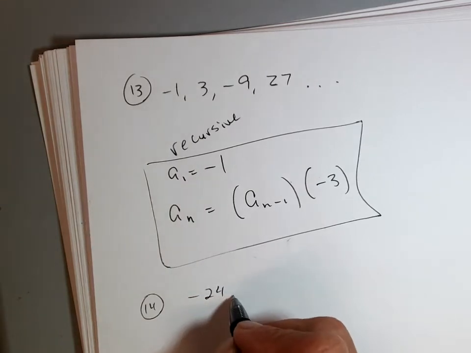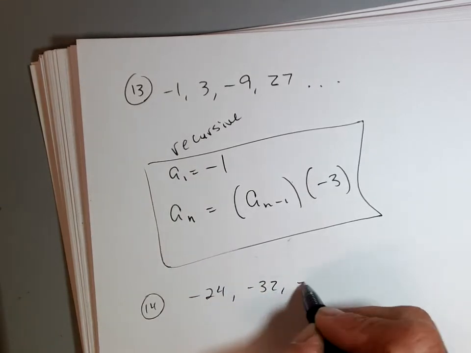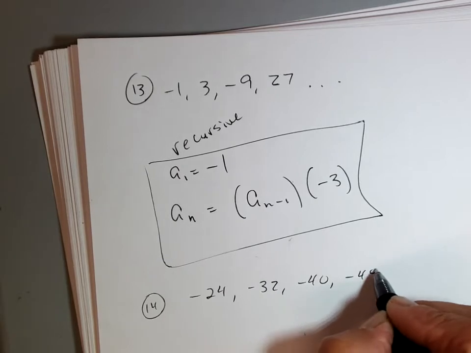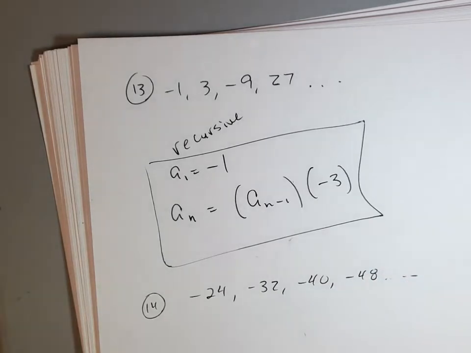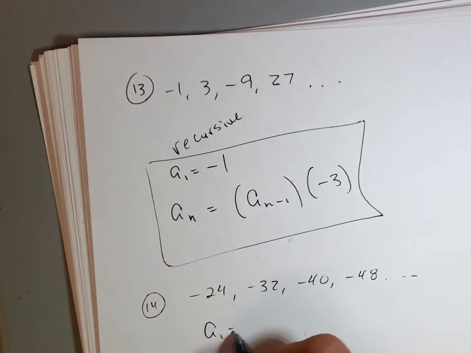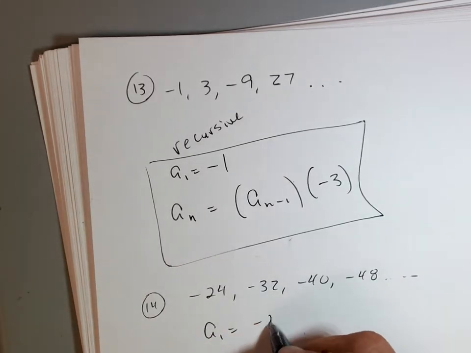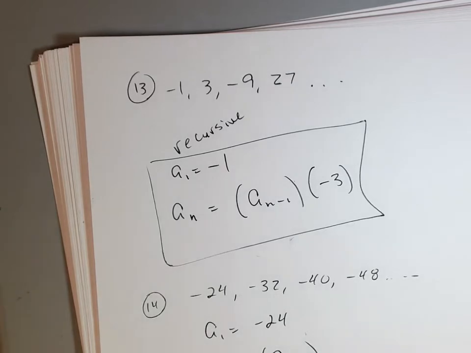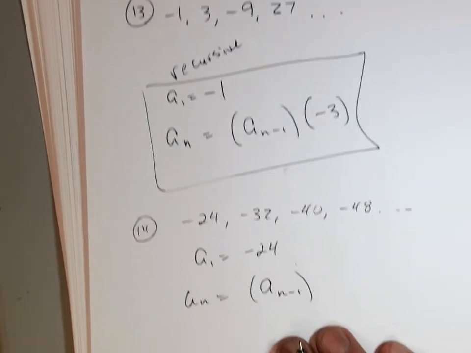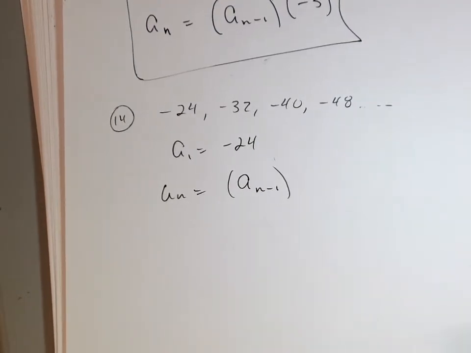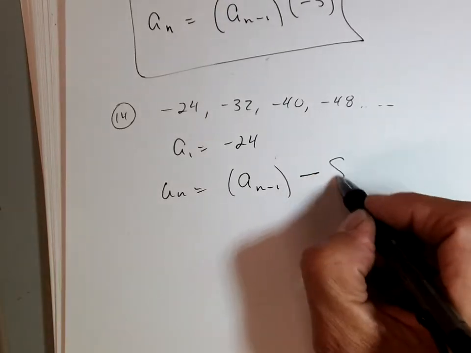Okay, 14. Just write the formula? Yeah. So when you do recursive, first step, always tell me A1. What's my first term? A1. What am I doing every time? A to the n is equal to, take the previous term, and subtract 8.